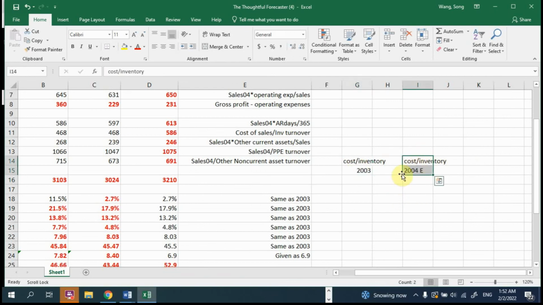And if you want to solve for inventory right here, you make them equal to each other and solve for the inventory.